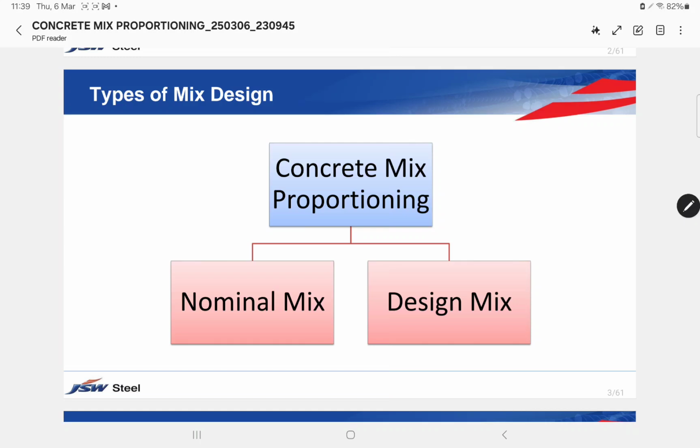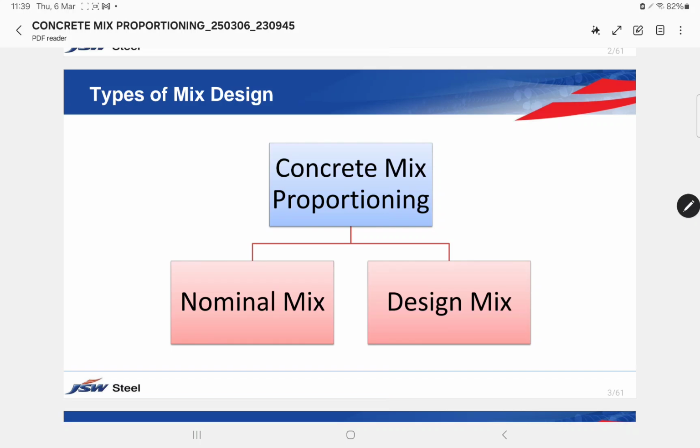Now, before I proceed, I have a question: whether nominal mix means a volumetric mix or a weight mix. As per IS 456, a nominal mix is a volumetric mix or a mix by its weight proportion.